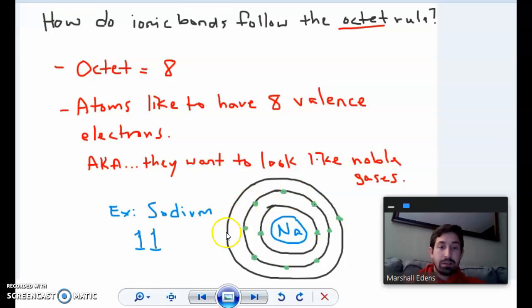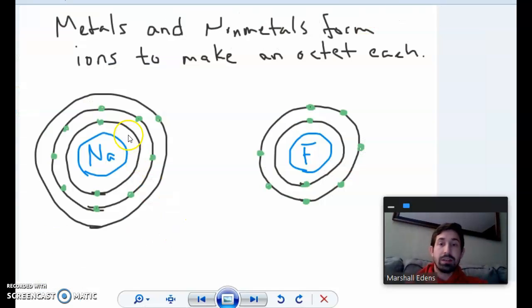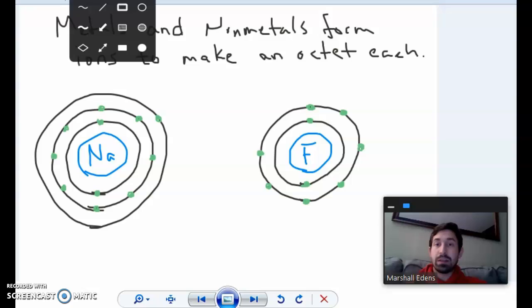Okay. All right, so let's quickly look at an example of how atoms will do this. And I've chosen a metal and a non-metal, which is something you should have also picked up on from the tutorial yesterday.